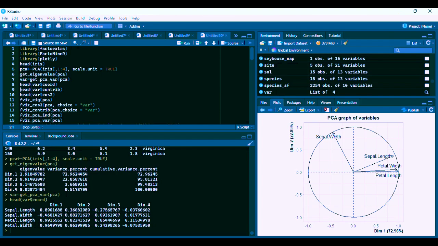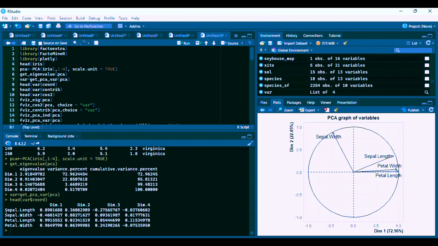The coordinate indicates how strongly each variable is associated with its principal components. In this case, petal length, petal width and sepal length have a large positive coordinate, meaning that the variable strongly contributes to that dimension.